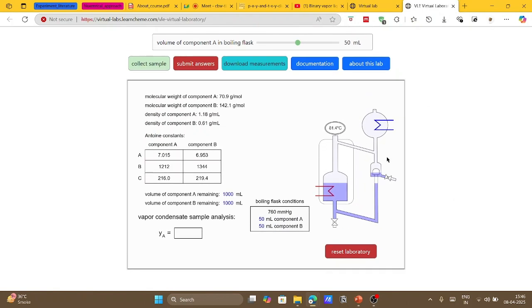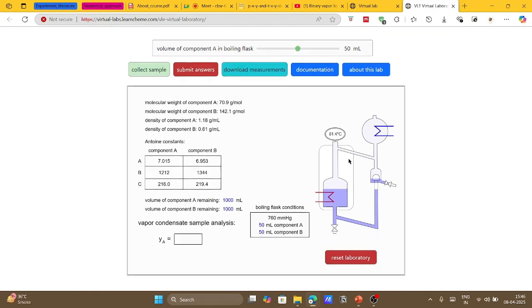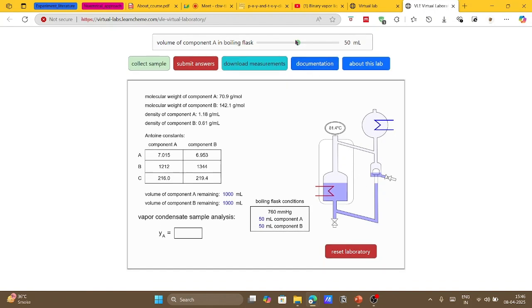This is a similar setup to that shown in the experiment, right? And here we can change the composition of our boiling flask and correspondingly compute the value of samples that have been collected after condensing the vapor phases. Okay, so we will use this and generate the data.